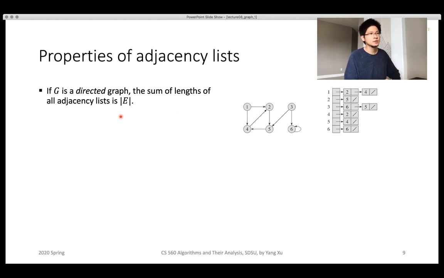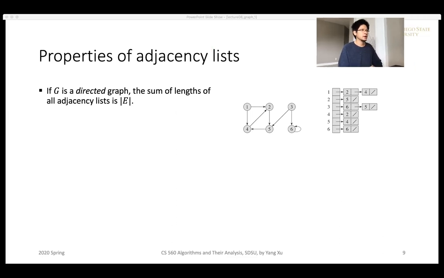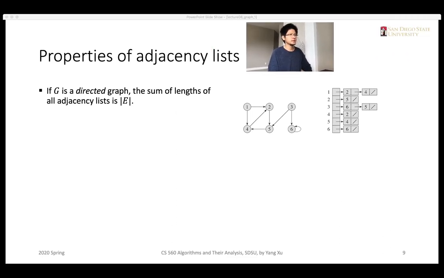For example, here is the directed graph that we just showed in the previous slide. Let's count the length of each adjacency list.